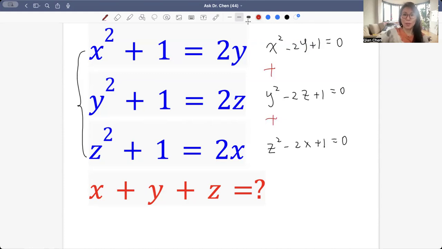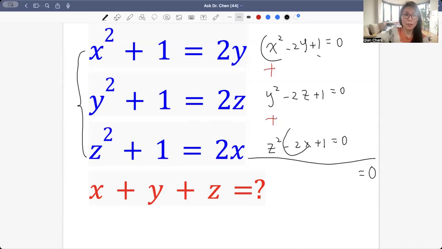All right, so when we add those three equations, what do we get? Well, 0, of course, we still get 0. Then we have x squared minus 2x plus 1. So we just rearrange the terms.